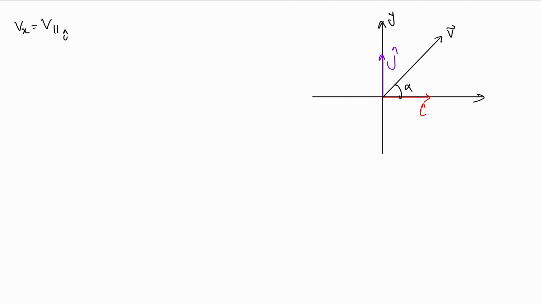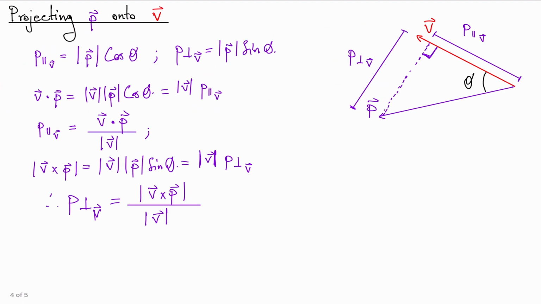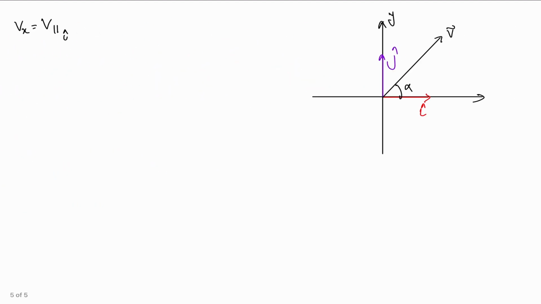Let's use this formula. I'm going to copy it over here and try to see what this gives us for our situation. So the part of v that's parallel to vector i hat is going to be v dot i hat divided by the magnitude of i hat.